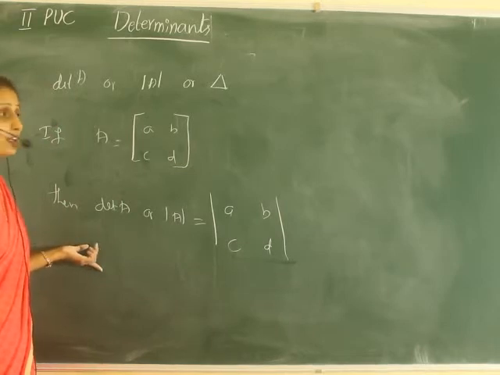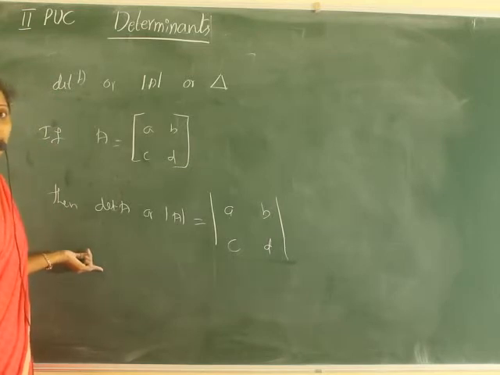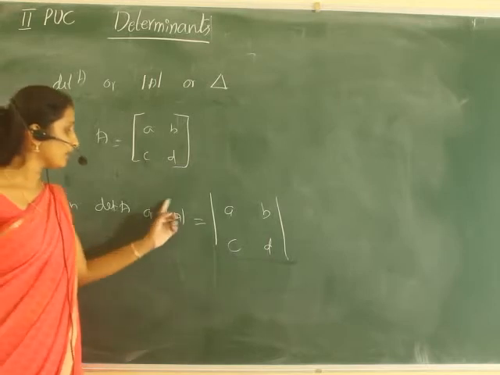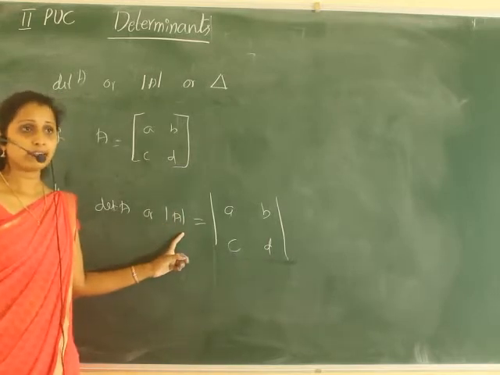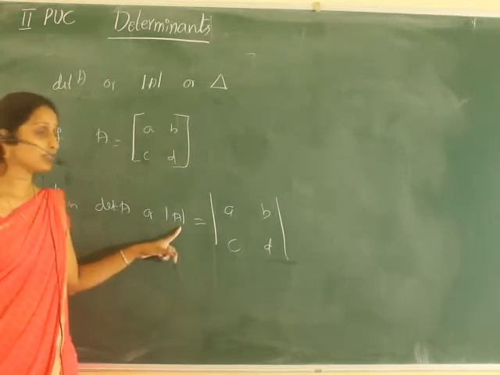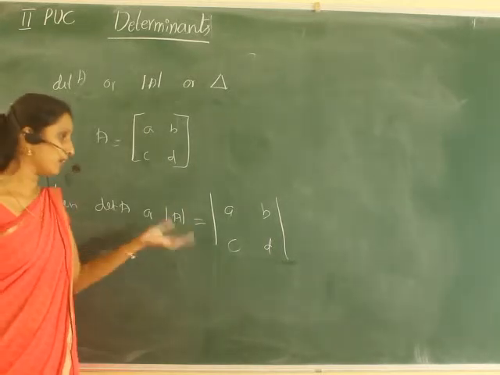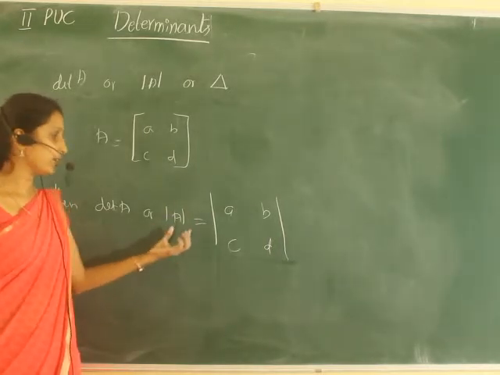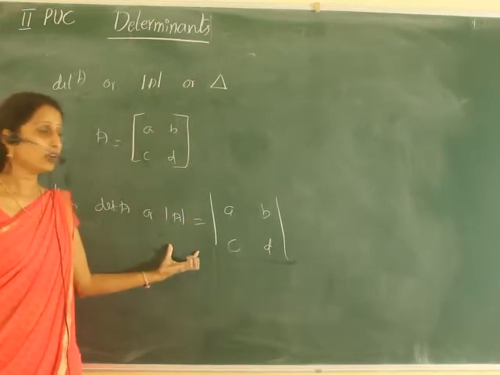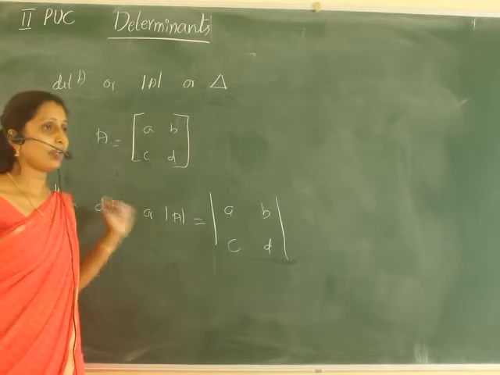Other rectangular matrices do not have a determinant. Also, when you write it like this, don't read it as modulus of A. If A is a matrix, we read it as determinant of A. If A is any real value or any other symbol, then we can read it as modulus of A.